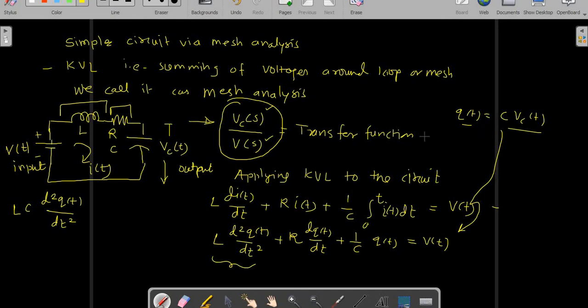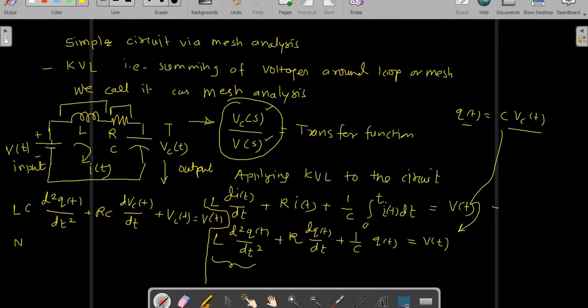For this term, substituting q(t) again, plus RC dVc(t)/dt, plus 1/C times q(t), which is C Vc, so C and 1/C will cancel. So we will simply get Vc(t) = V(t).